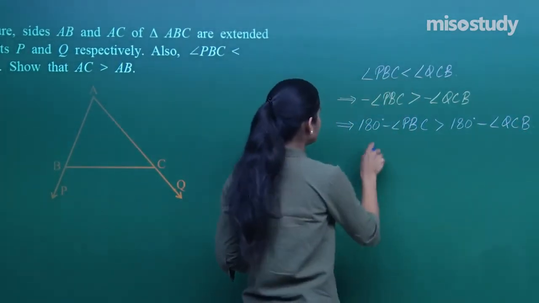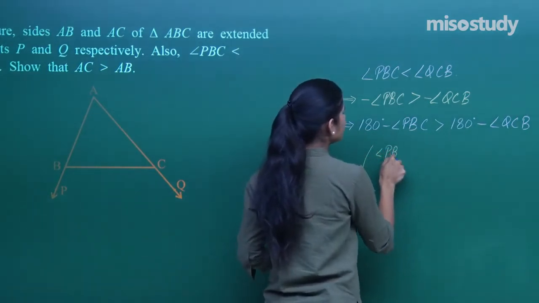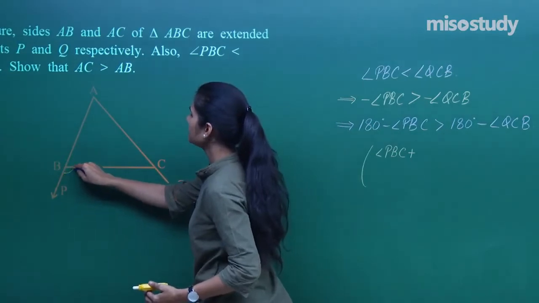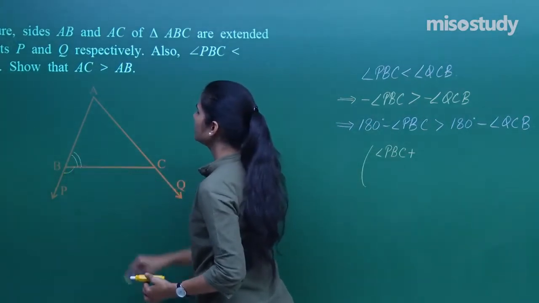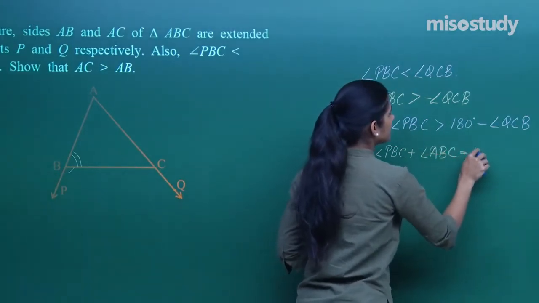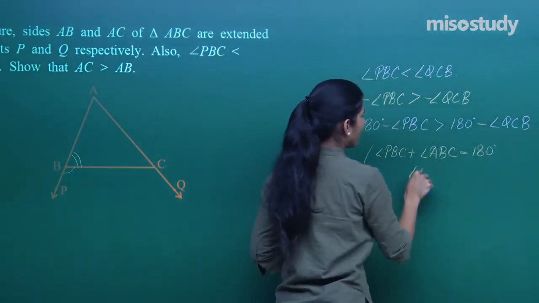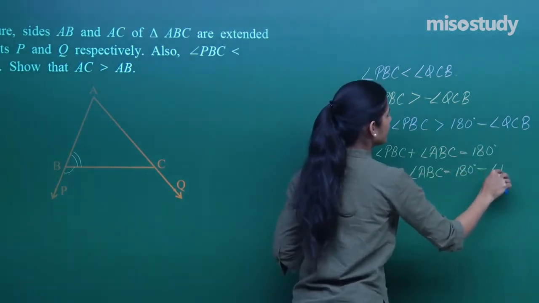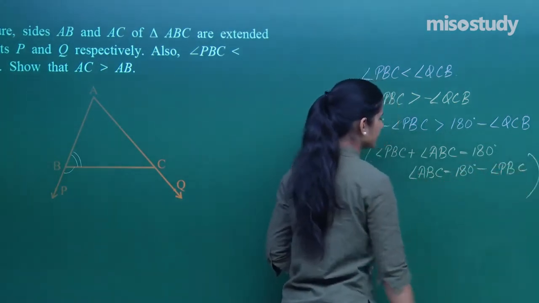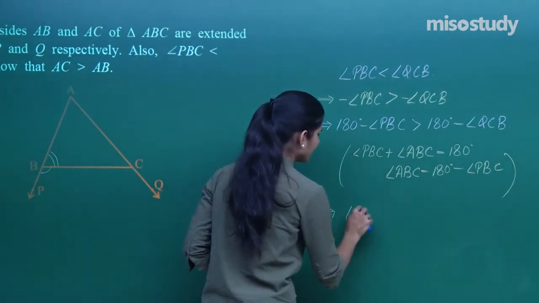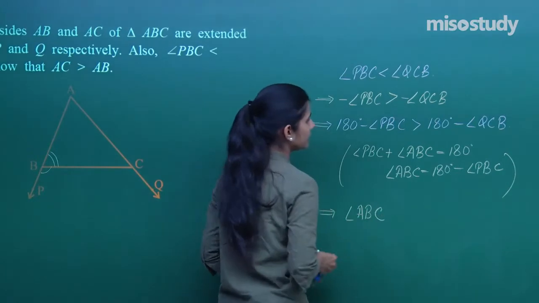Now I know that angle PBC, which is external angle at B, plus angle ABC is 180. So angle ABC is nothing but 180 minus angle PBC.